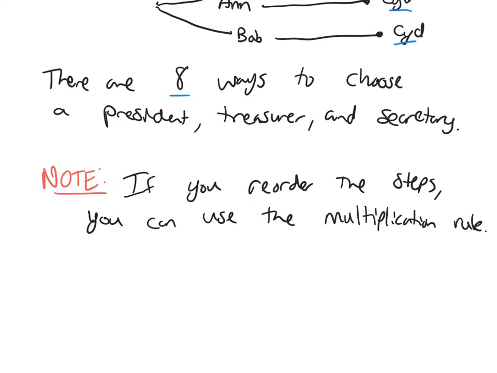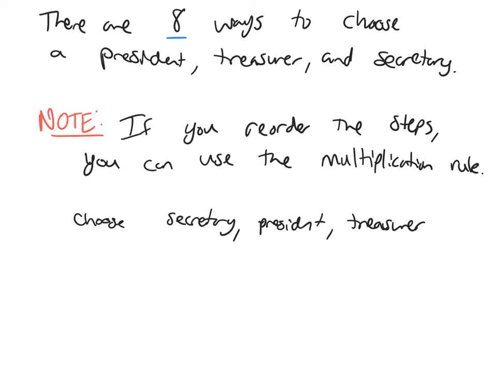You should first choose the secretary, then you can choose a president and a treasurer. So let's use our multiplication rule. Now we're choosing a secretary first, then president, and then treasurer.